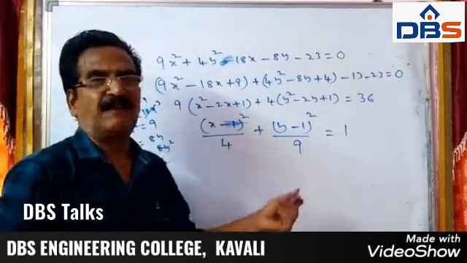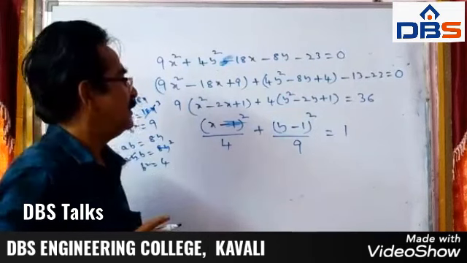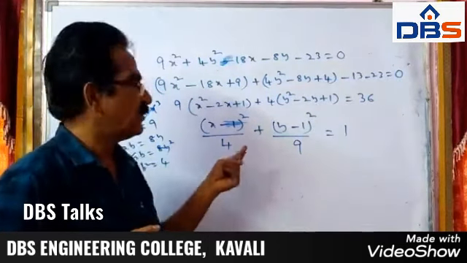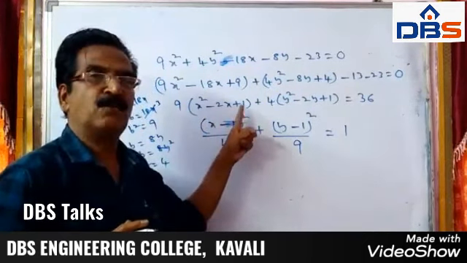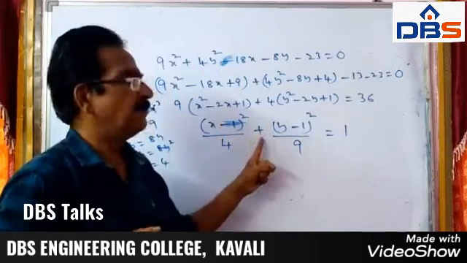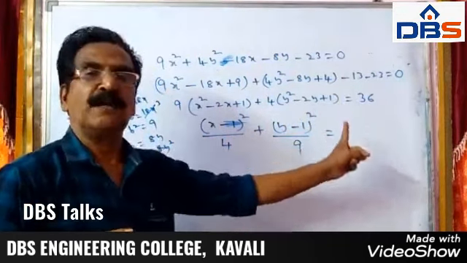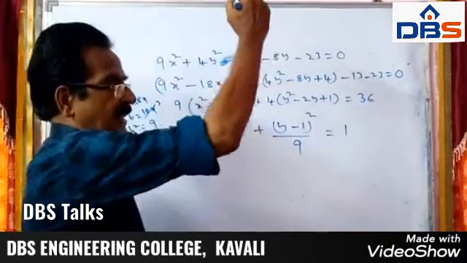This is clear, friends. This is our standard form. But here a is less than b. So this is the equation of the type (x minus h) whole square by b square plus (y minus k) whole square by a square is equal to 1, that is a vertical ellipse.